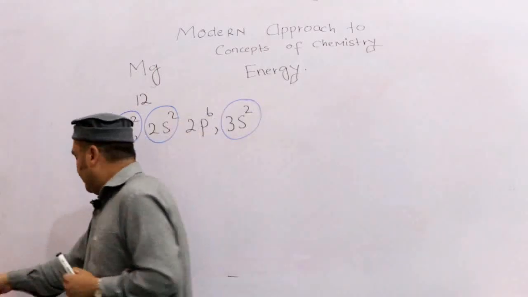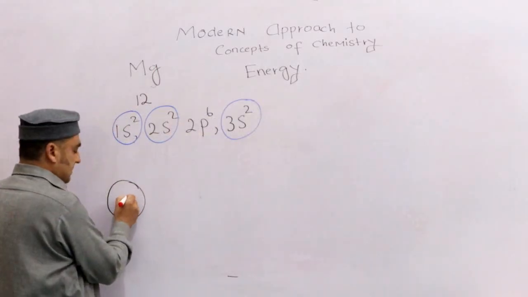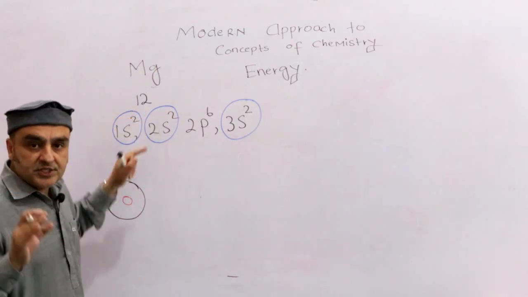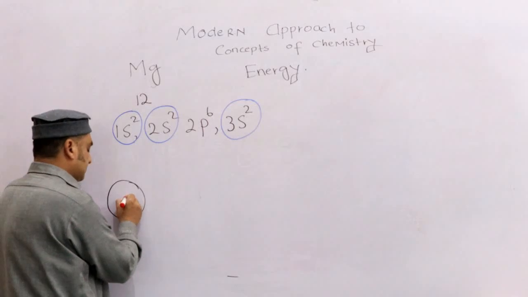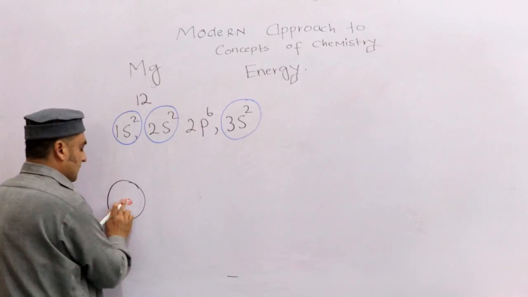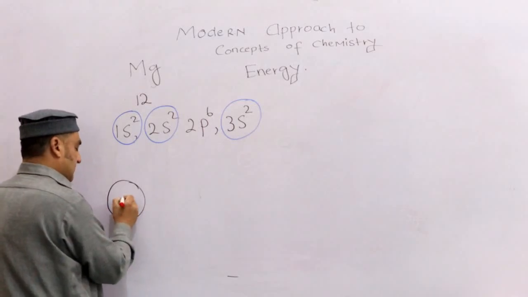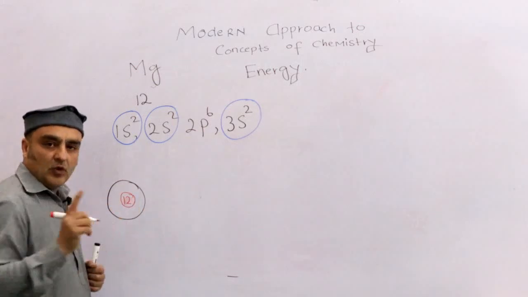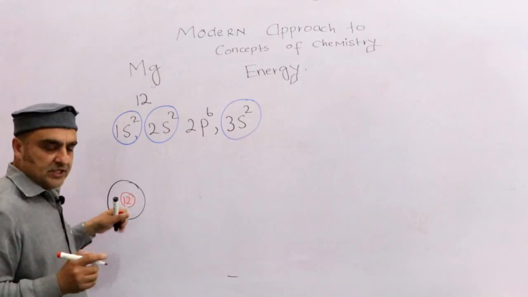Here it is a nucleus, and the nucleus has 12 protons present in it. I don't think it will be visible, but let's say it is 12 positive protons present in this nucleus.